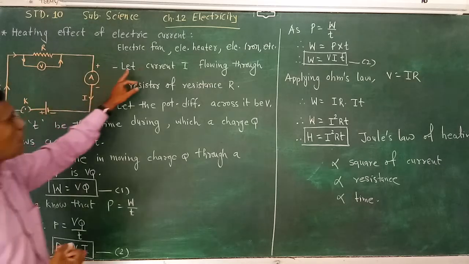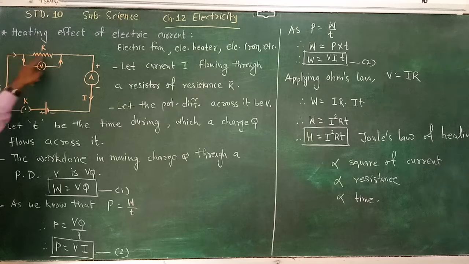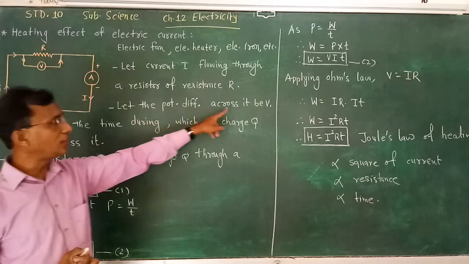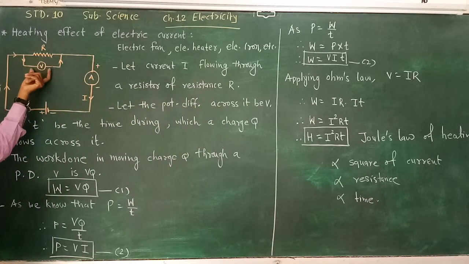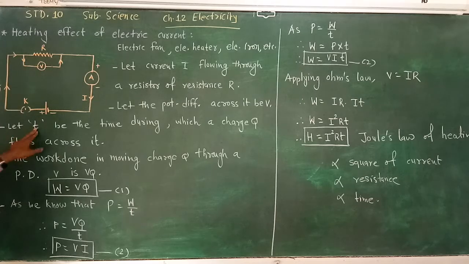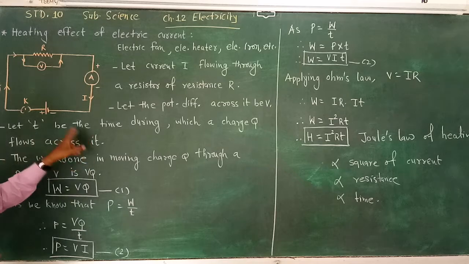Let current I flow through the resistor R, and let the potential difference across it be V. Let T be the time during which charge Q flows across it.